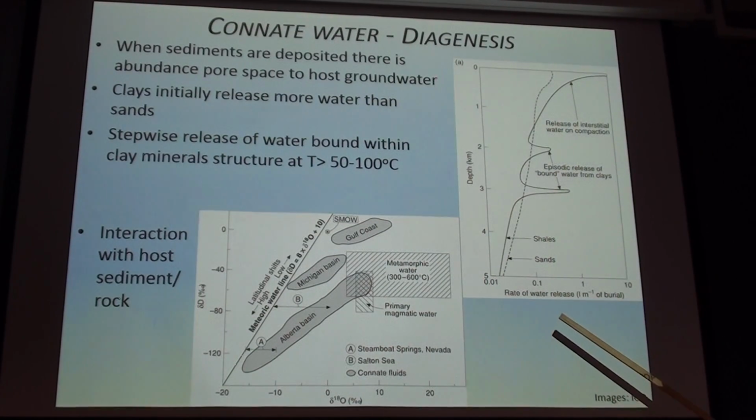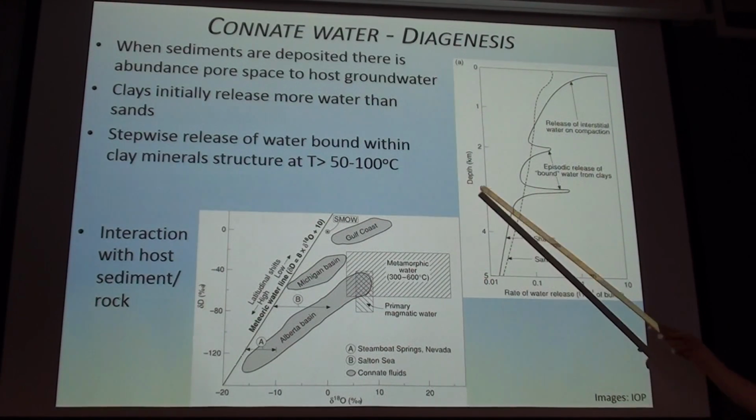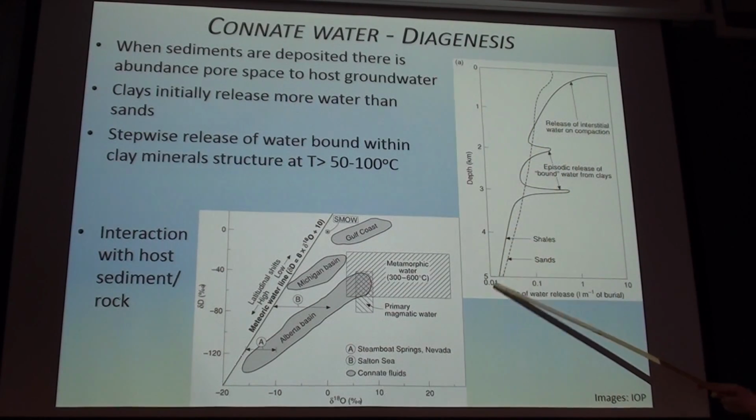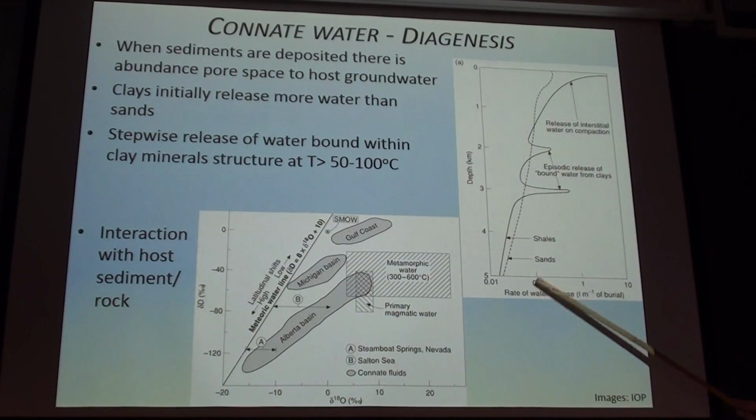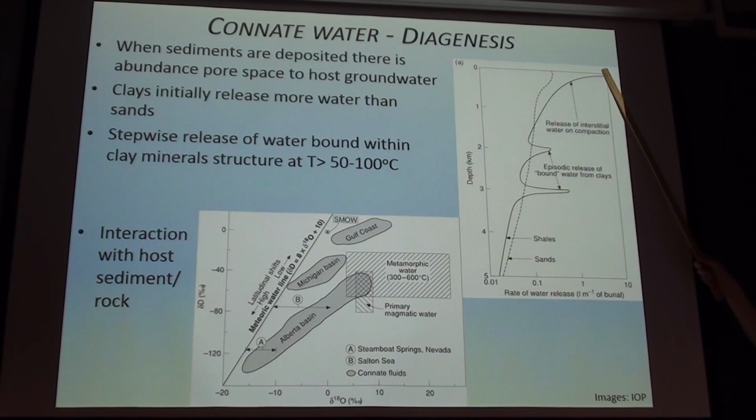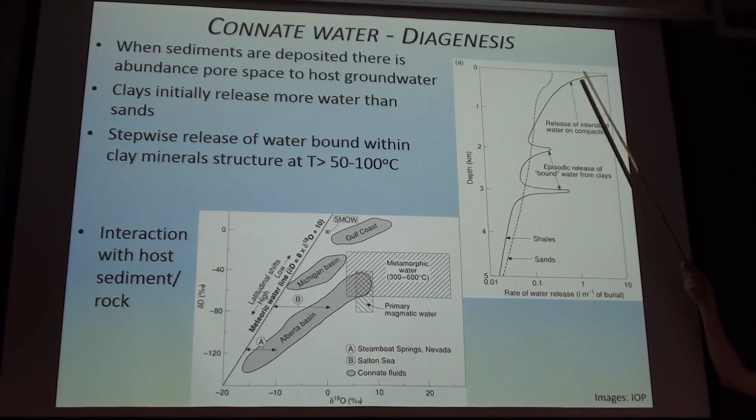As you can see from this graph, where depth increases here, and this is the rate of water release, there are two lines, one for clays and one for sands. You can see that clays initially release a lot more water than sands.